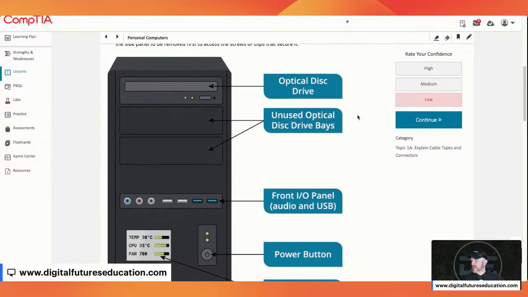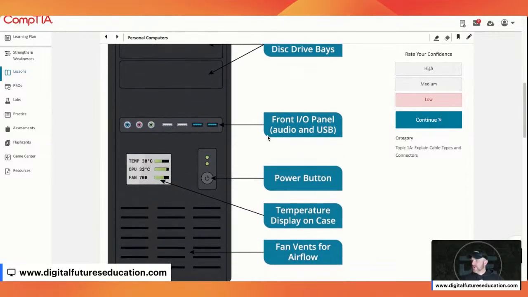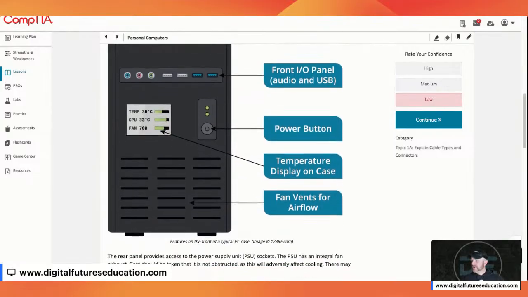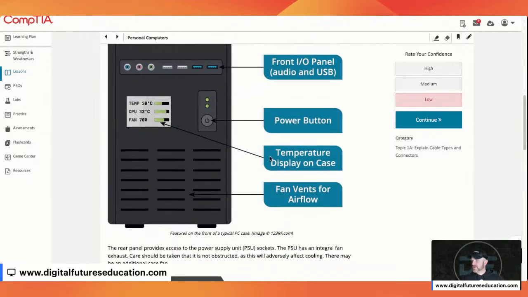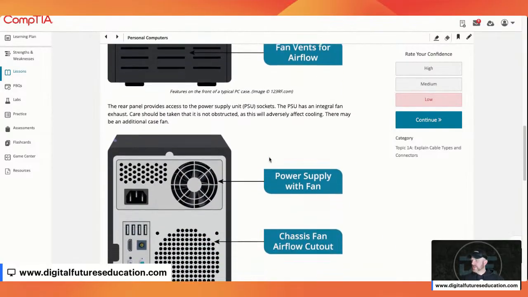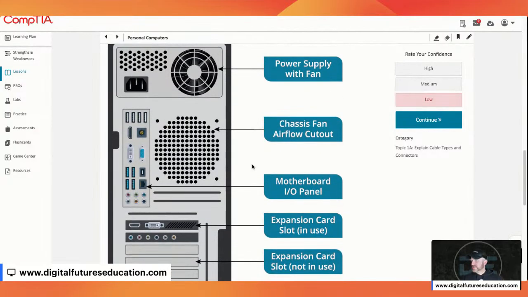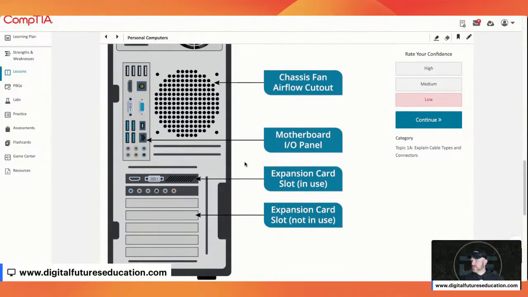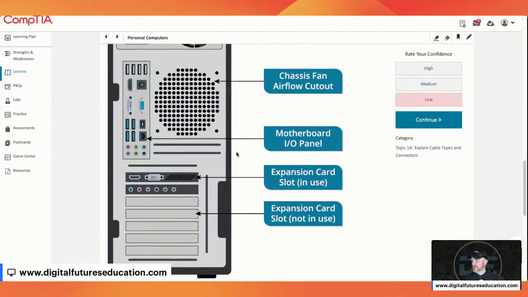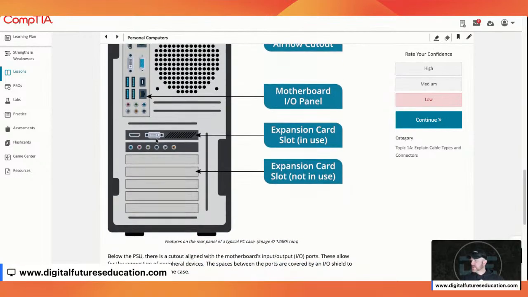They provide an overview here: optical disk drive, unused optical disk drive bays, the front input-output panel, the power button, potentially the temperature display on the case, air vents for airflow, and then an overview of the back with the power supply with the fan, the chassis fan airflow cutout, the motherboard I/O panel, an expansion card slot in use, and an expansion card slot not in use.